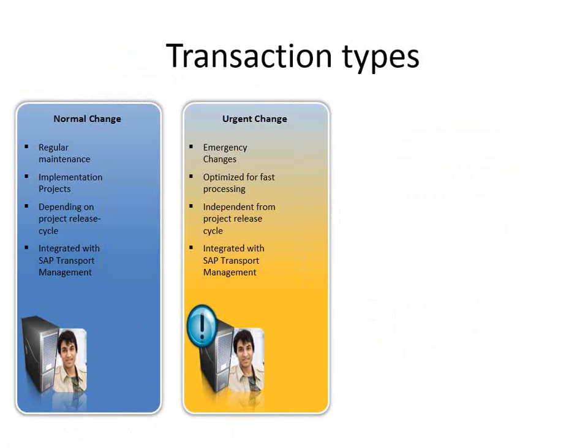It's the same concept, but the behavior is different. So in Solution Manager, we have this type of facility, the transaction type facilities. We can organize the process for the organization in a better way.